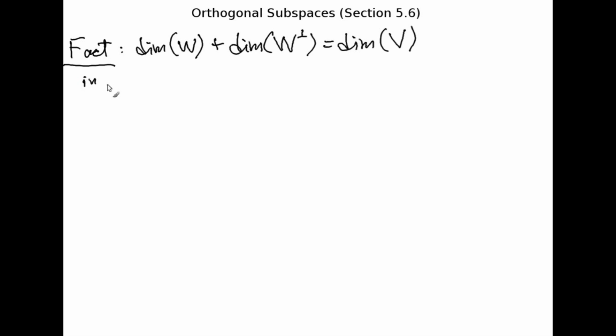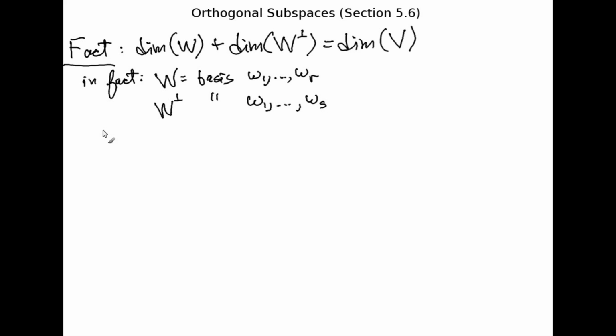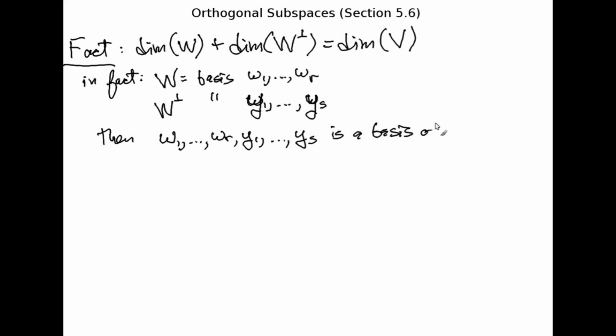And in fact, suppose W has a basis W1 through WR, and suppose W perp has a basis, I need a different name for these, Y1 through YS. Then the whole set W1 through WR, Y1 through YS is a basis of V.